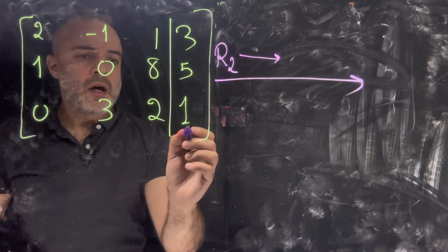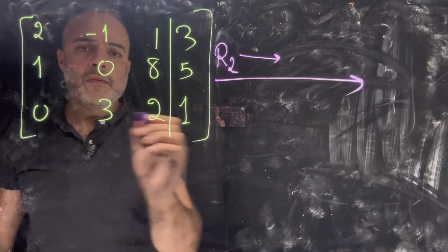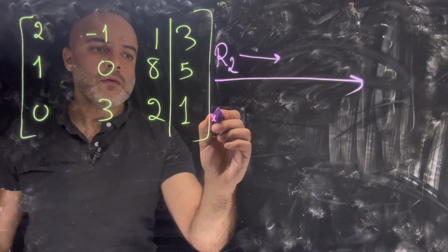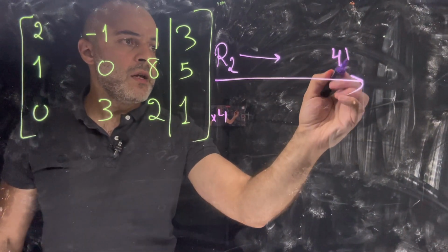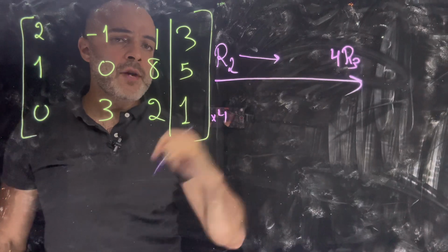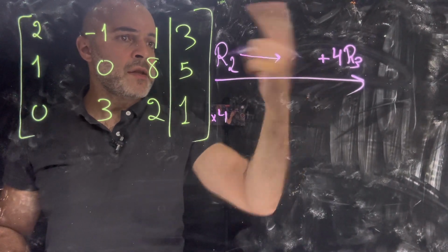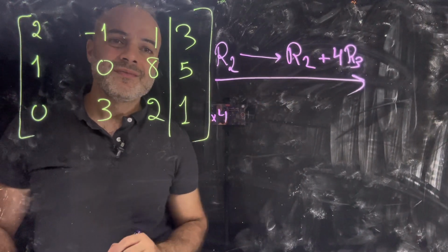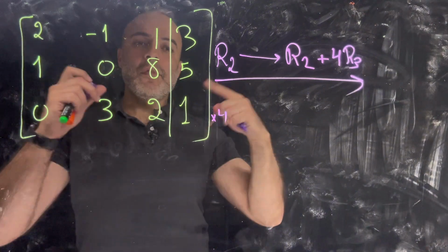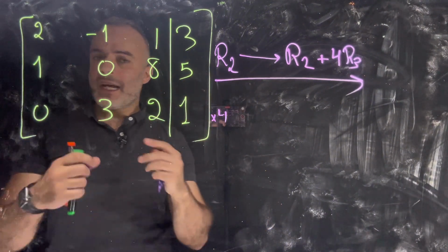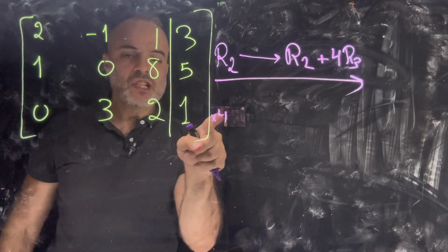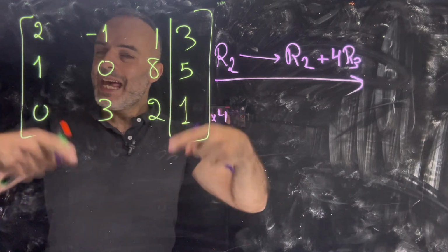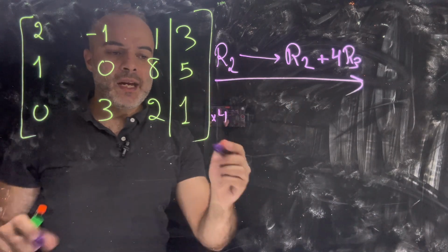I can multiply R3 by a number, let's say 4. So 4R3. So multiply a row by a number and then add it to another row, R2. Okay? So this is the third elementary row operation. And again, it's not going to change the system. I just multiplied a row by a number and added it to another row.